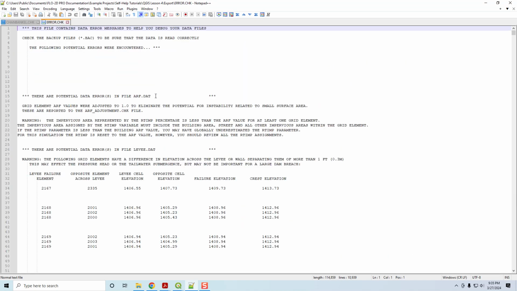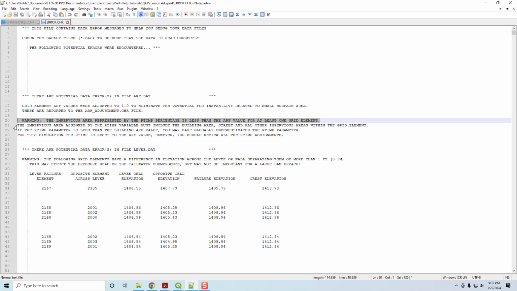So there are potential errors in the arf.dat. They weren't errors, they were just values that were eliminated, and we already looked at them. This says, warning, the impervious area represented by the rtemp percentage is less than the ARF value for at least one grid element. That's okay. What that means is that the rtemp is less than the building area.